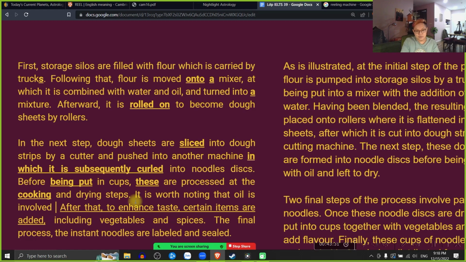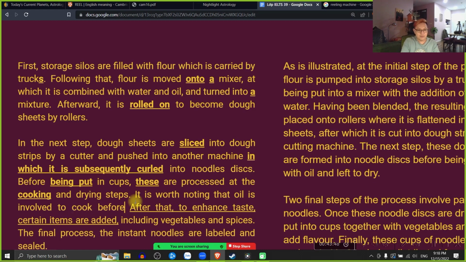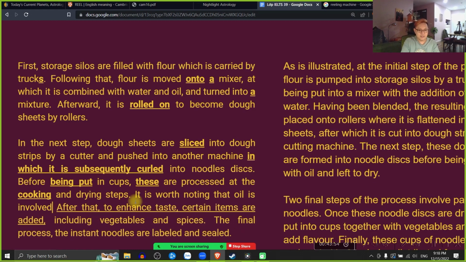Oil is involved to cook. It is worth noting that oil is involved.